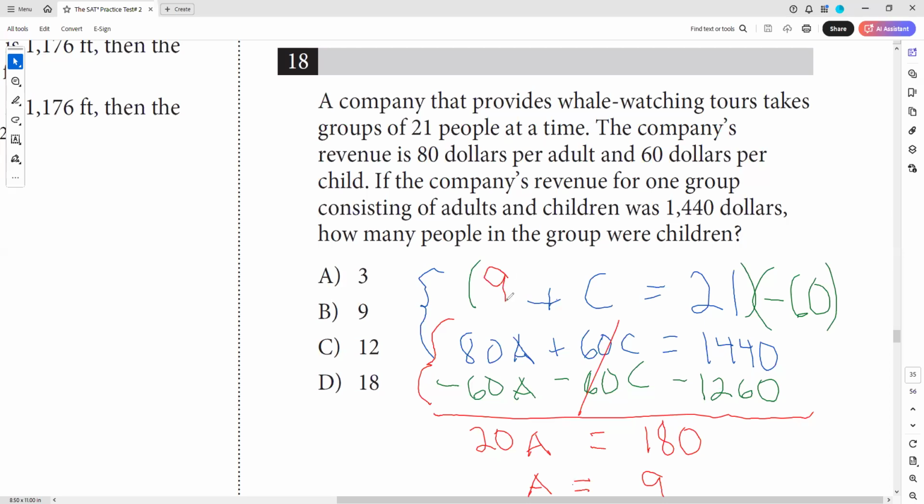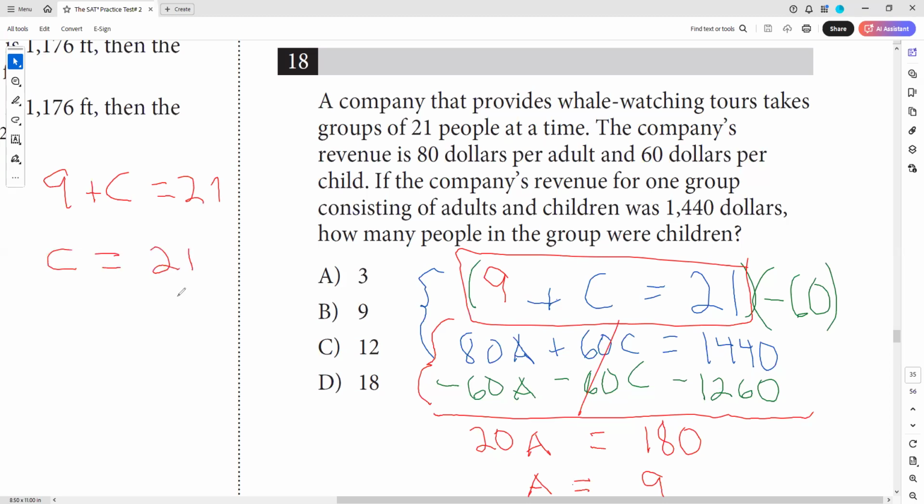So we have that 9 plus C is equal to 21. And so C is going to be equal to 21 minus 9, as we subtract 9 from both sides. And so C is equal to 12. So my answer is 12.